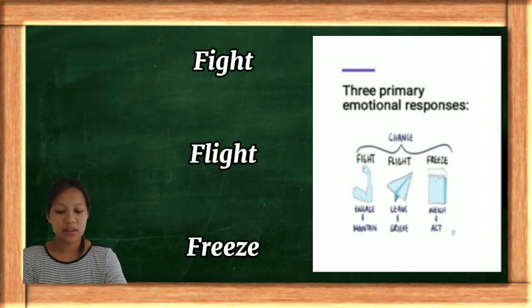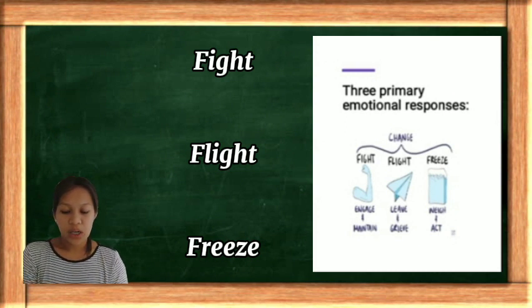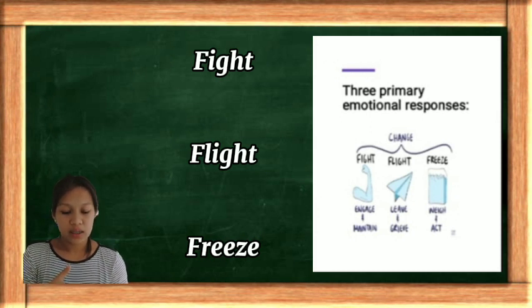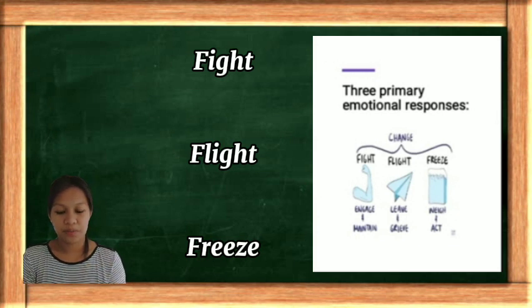On the other hand, freeze is when you are startled and are unable to make a choice, and thus are unable to move. In all three emotional responses, there is a requirement: we should be able to sense the environment, and receive and interpret these stimuli so we can make a choice and a corresponding action.